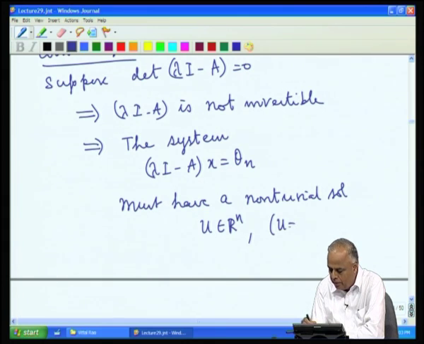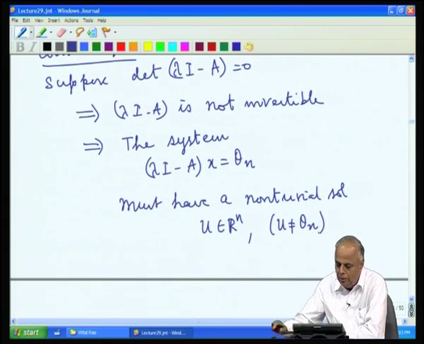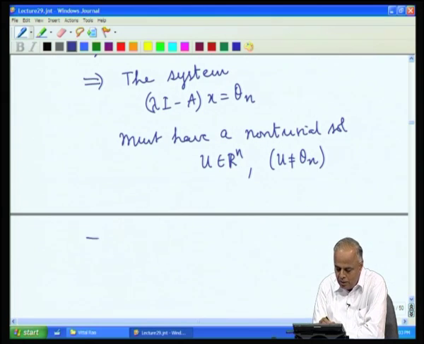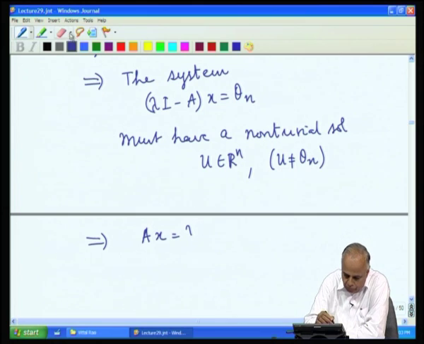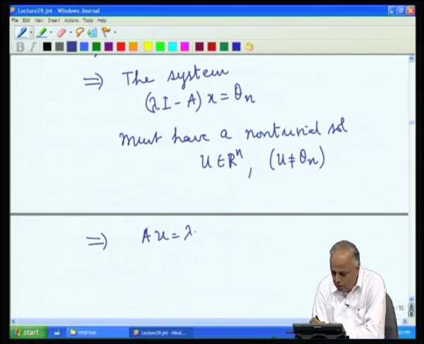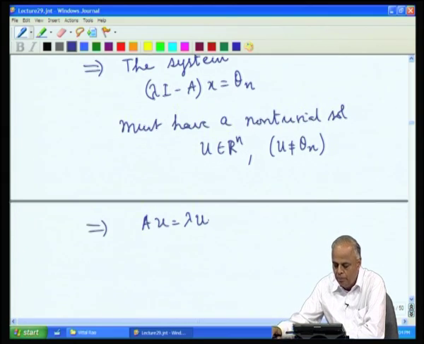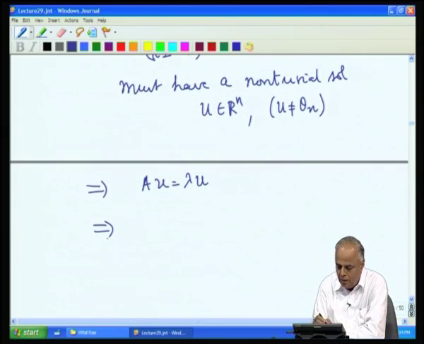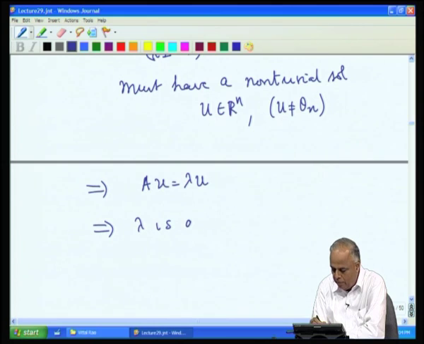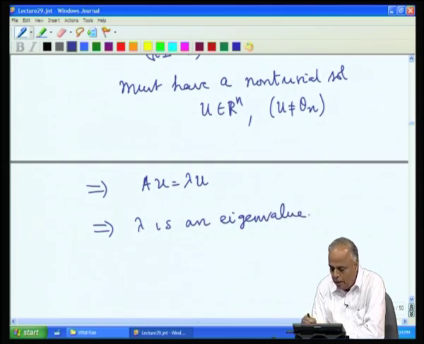When I say non-trivial, I mean u not equal to theta n. This means A u equals lambda u, that says lambda is an eigenvalue with eigenvector u.